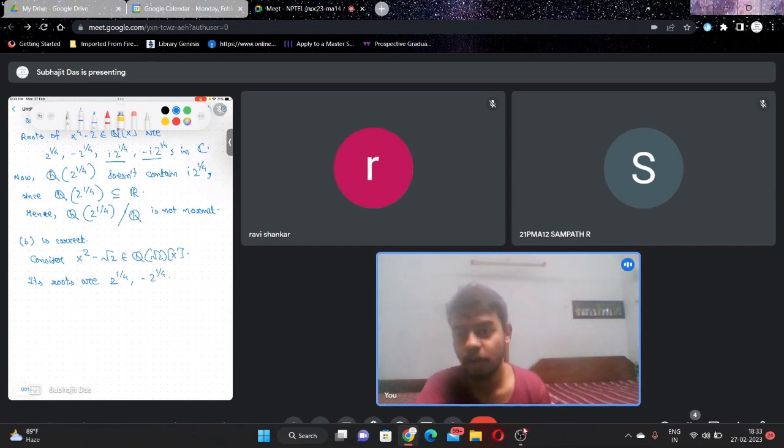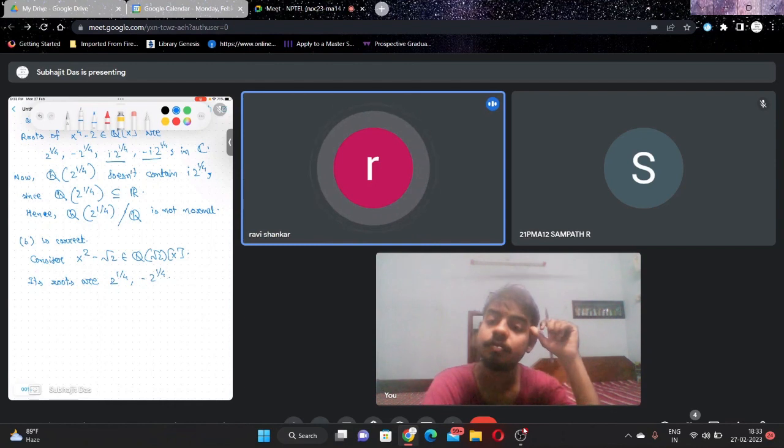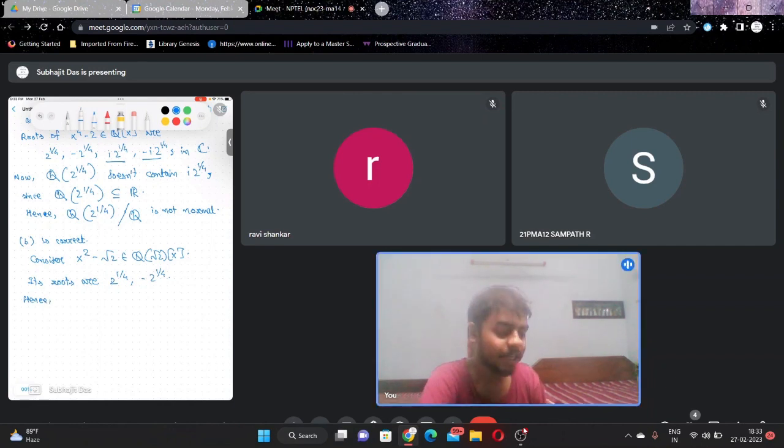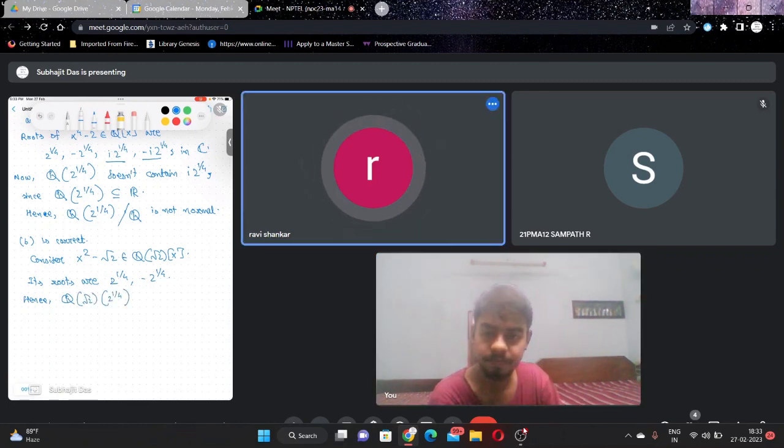Am I correct or wrong? Correct. Hence, what will be a splitting field of this polynomial over the base field Q(root 2)? It will be Q(root 2) joined with this root 2 to the power 1 by 4.